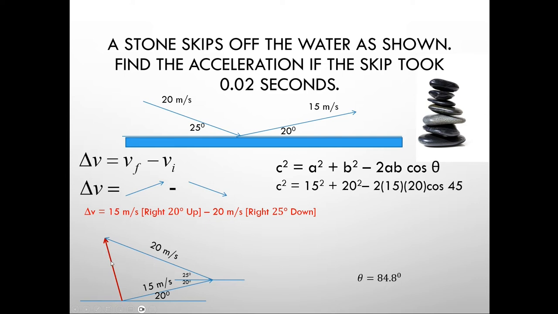But the important thing is that this side c is opposite the angle we're working with, which would be here. And since we can see the top angle is 25 and the bottom angle is 20, the total angle within this triangle would be 45 degrees, which is what we have here in our cosine. So solving all of that, we get c is equal to 14.2 meters per second.